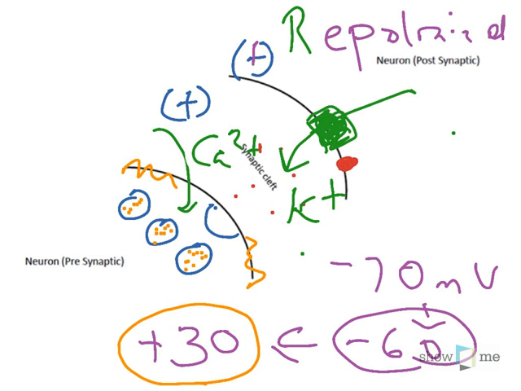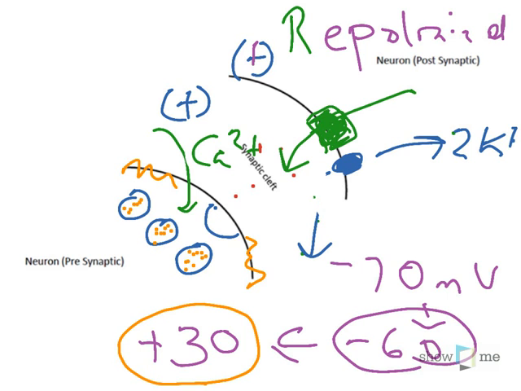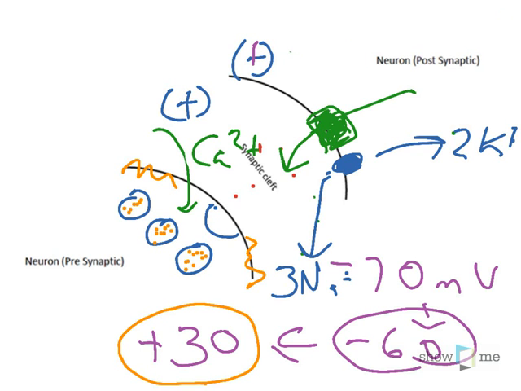My sodium-potassium pump, again, 2K+ and 3Na+, sets it back to resting. So we can get back to resting this way, and the cell can be back where it is negative, resting.